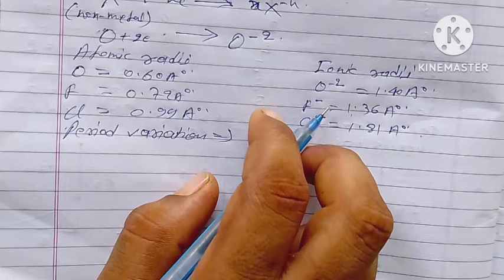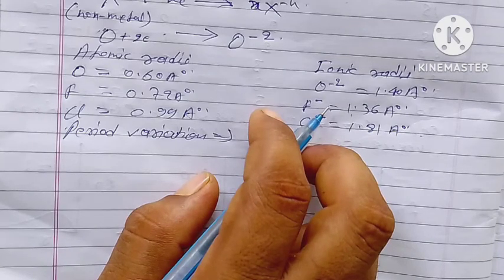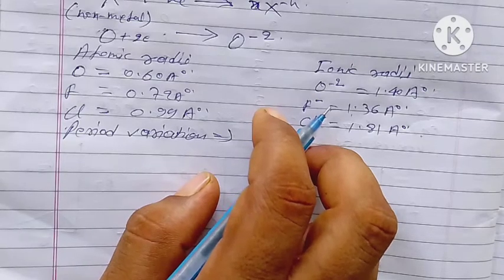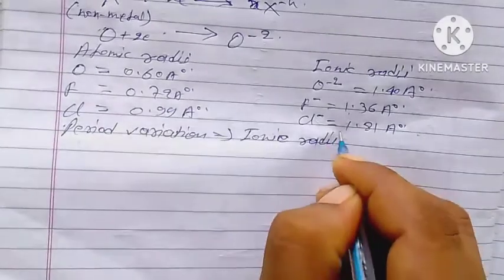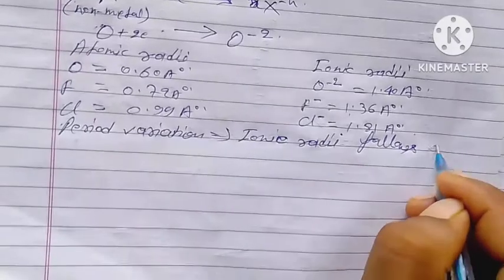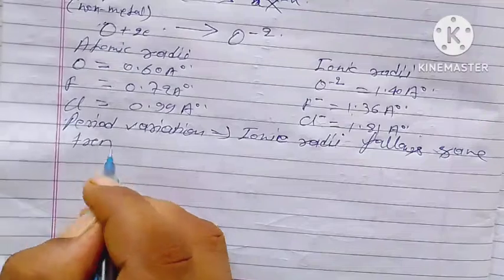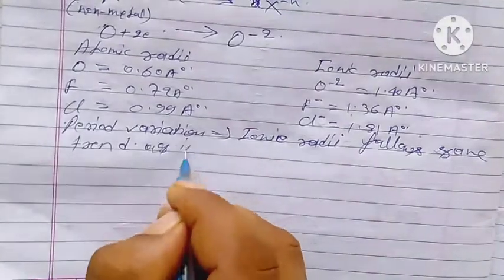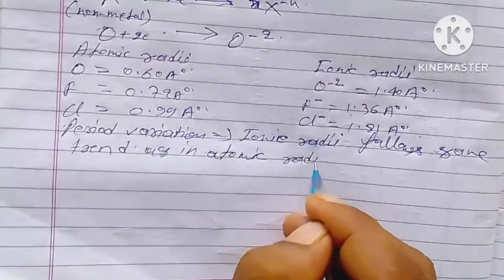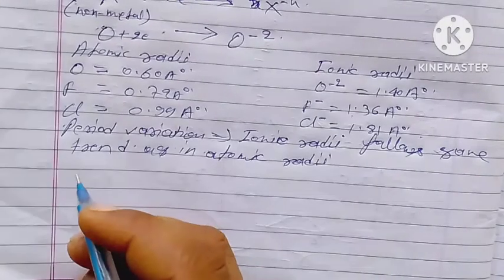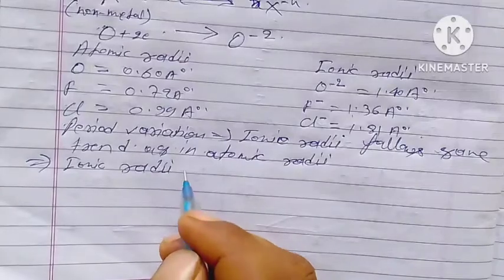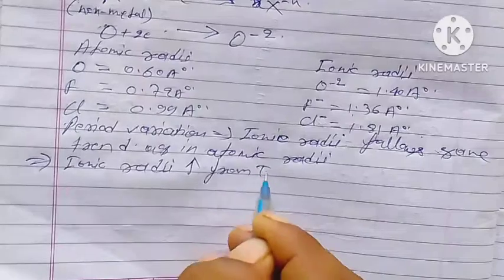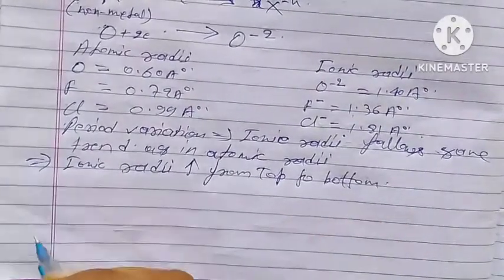As in atomic radii, ionic radii increases from top to bottom in a group.